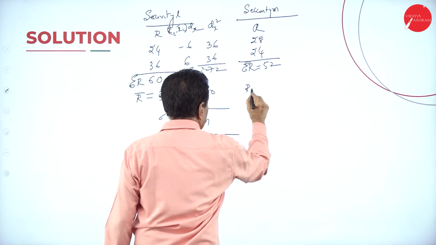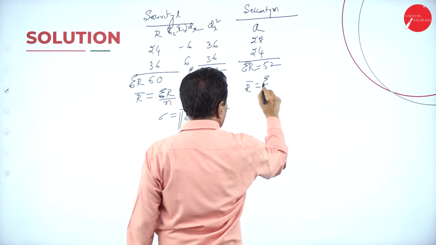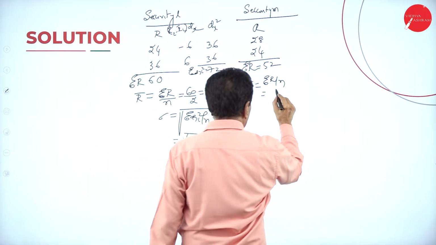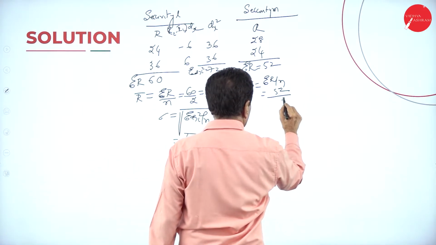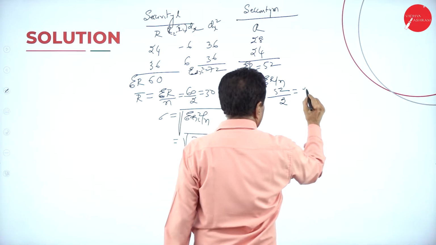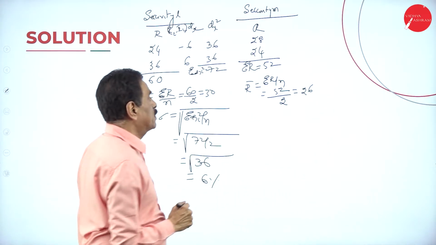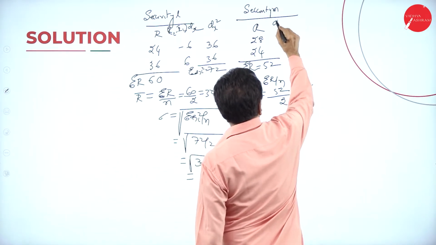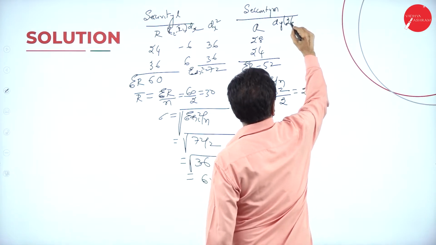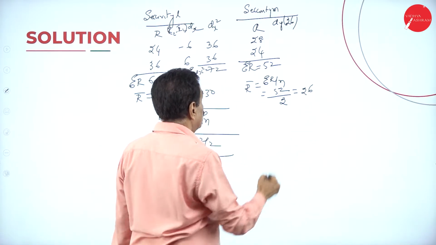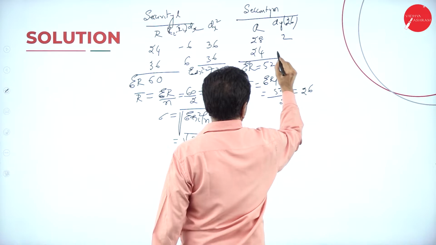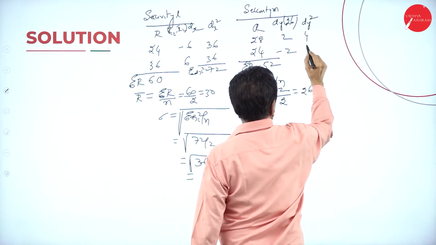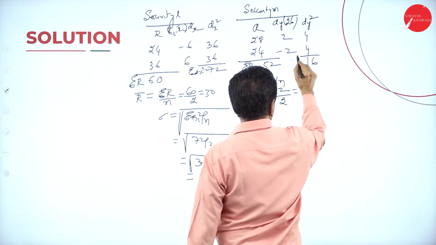R mean is equal to sigma R divided by N. This is 52 divided by 2. It is 26. That is the average. Then you take dy, from 26. 28 minus 26 is plus 2. 24 minus 26 is minus 2. dy square is 4, 4.